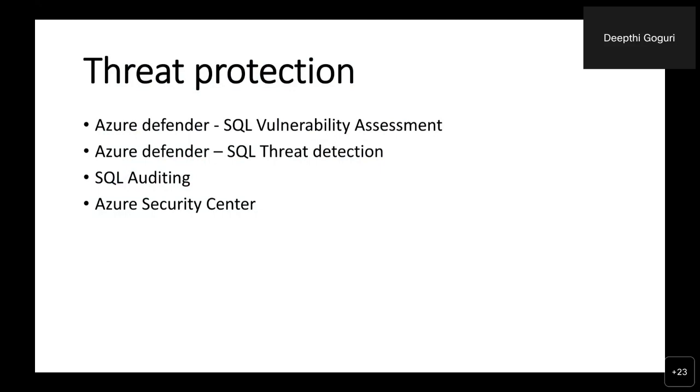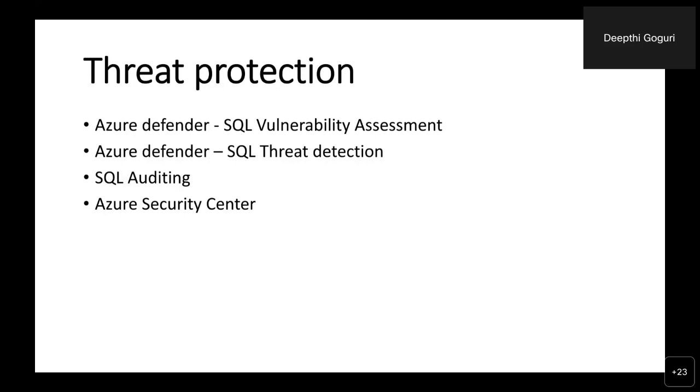When we talk about the SQL vulnerability assessment, let's say you build an Azure SQL database and you turn this option on. What Azure does is, Azure has certain standards of configuration that they believe are standard.